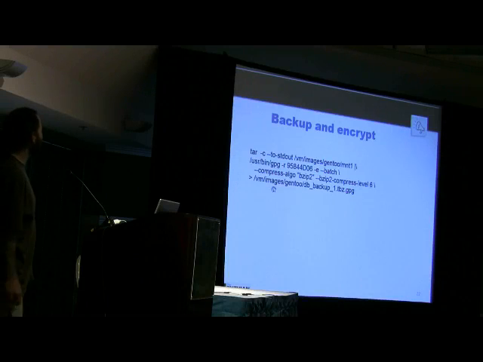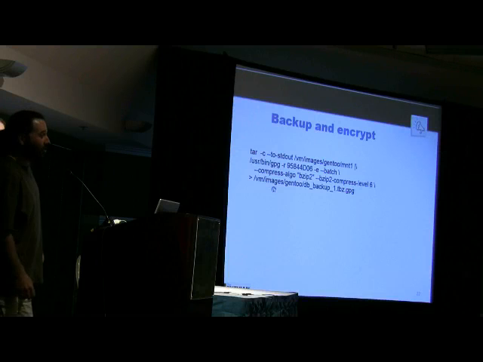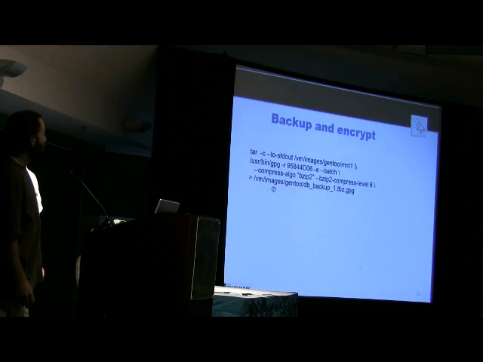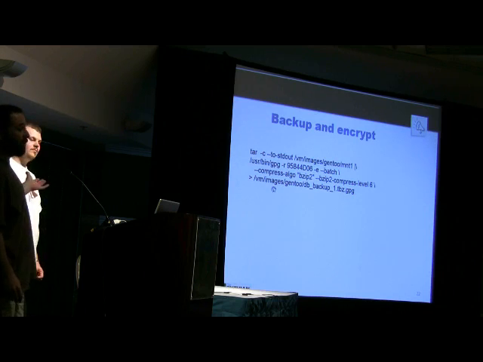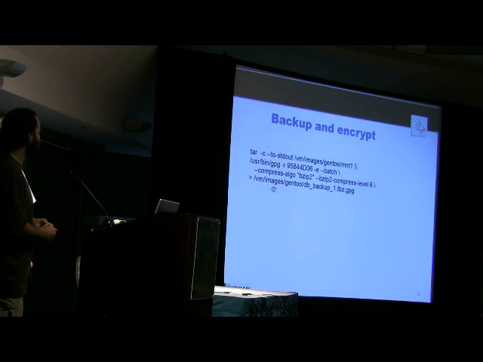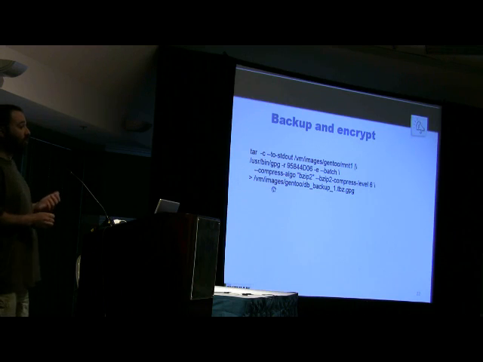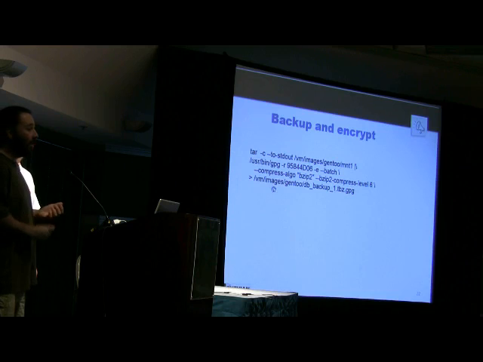Yeah, so here's a quick little tar script that allows you to pass it through bzip2. You can go ahead and change the compression level. With bzip2, it's amazingly great at compressing stuff really tight.